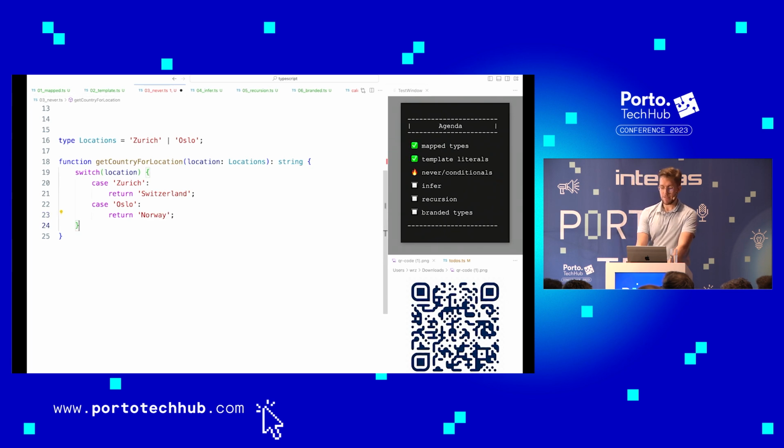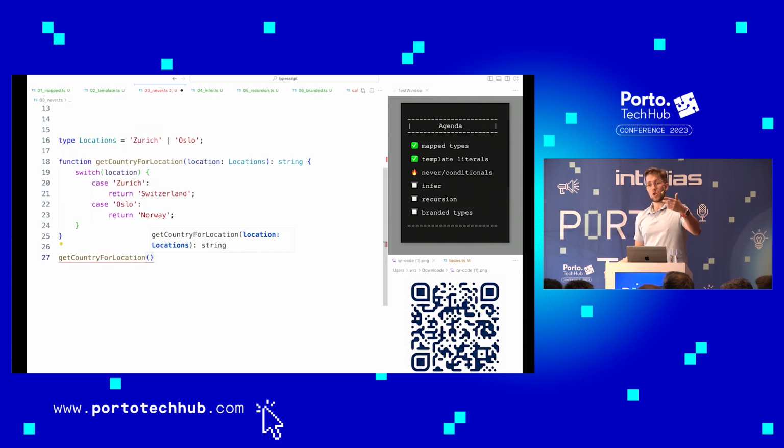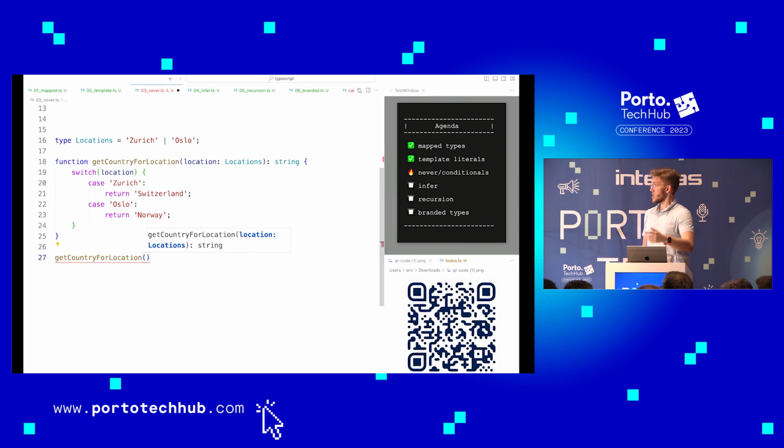Now the problem in here is, let's say you are a library author or something like this, and your code also gets called from JavaScript. So in JavaScript it looks always like this, because if you don't create JSDoc or something like this, then you don't have types. You can pass in anything you like to a function.